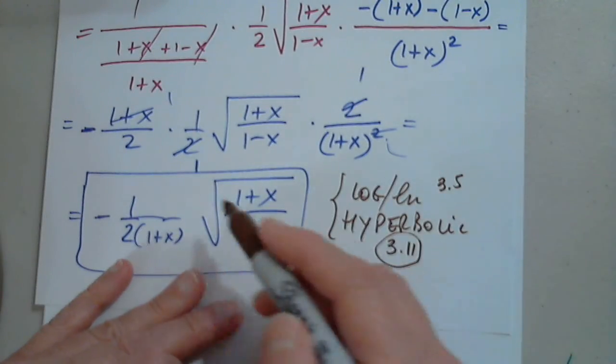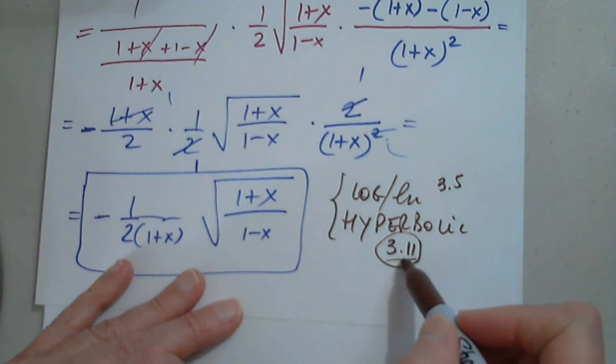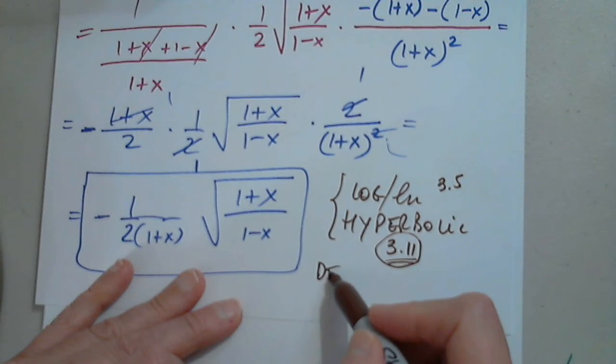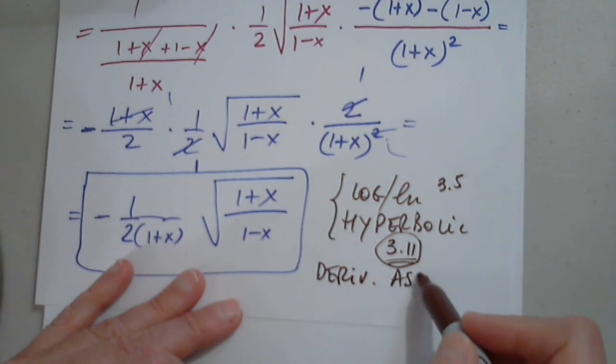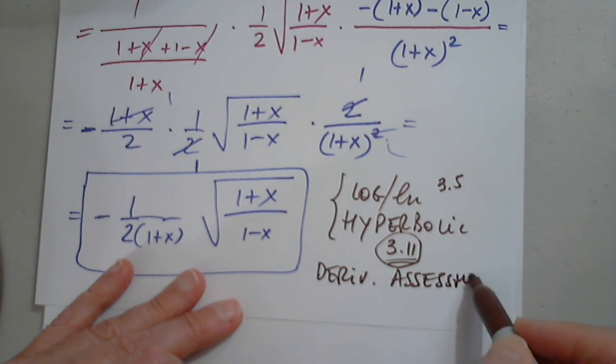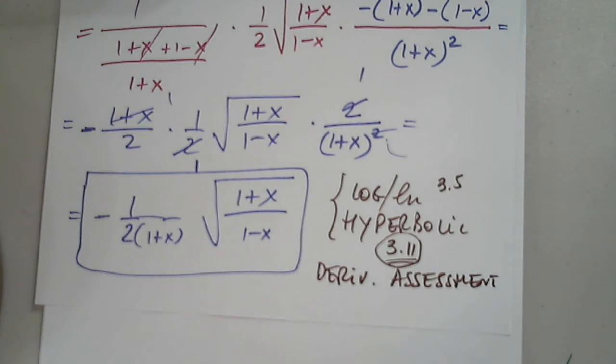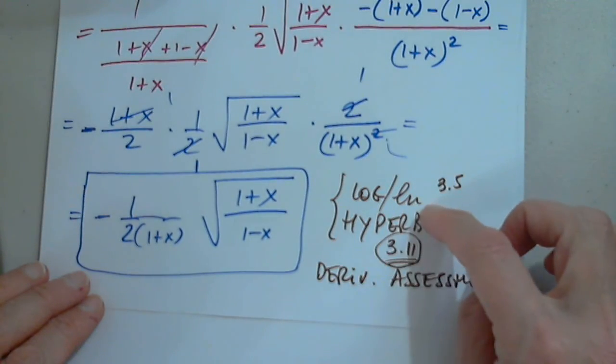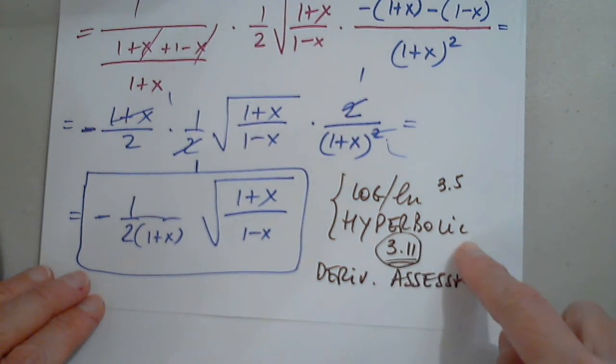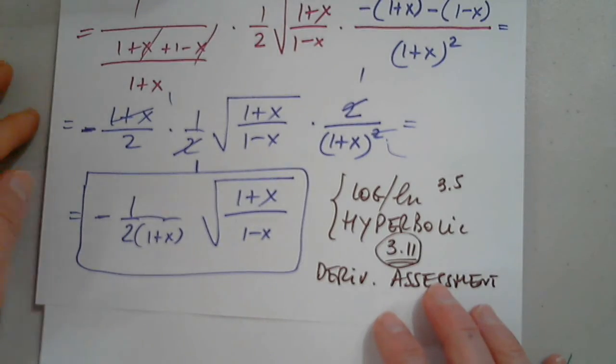But we want to have all functions ready for the derivatives assessment that we have to turn in sometime next week. I have to look. So let's finish up the log, and then we look at the hyperbolic. Hopefully we have time to finish that today. We'll see.